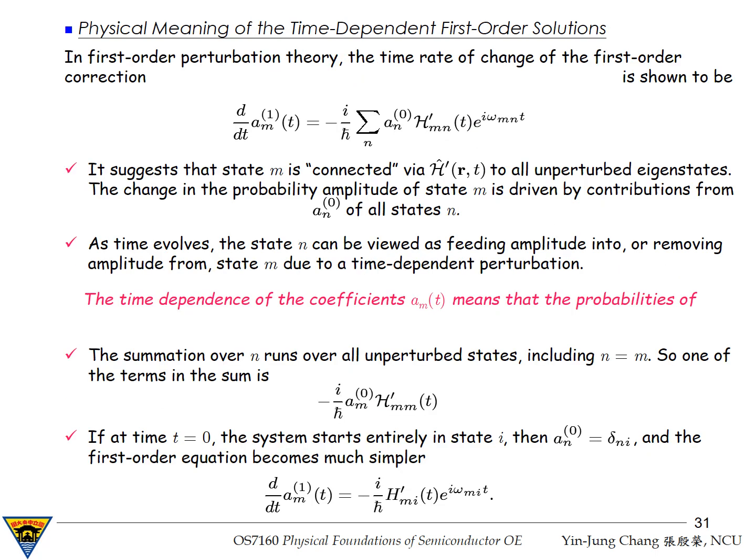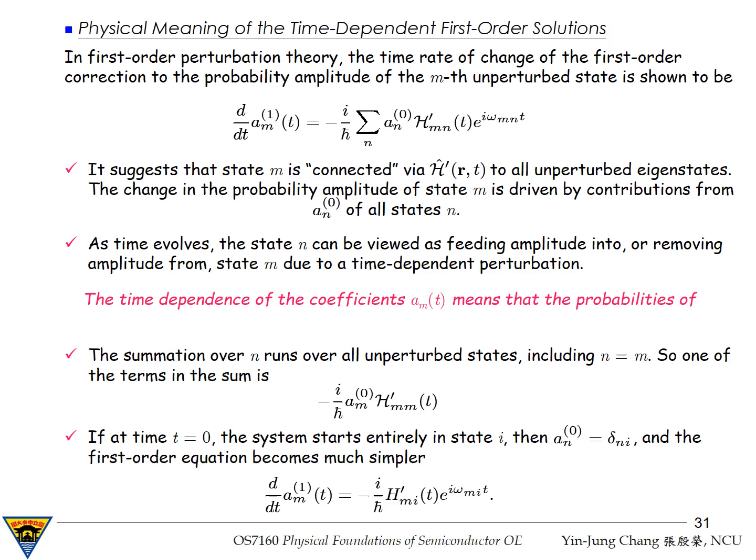Let's interpret the fundamental equation that we just obtained. In first-order time-dependent perturbation theory, the time rate of change of the first-order correction to the probability amplitude of the nth unperturbed state is given by this equation. It suggests that state m is connected via a perturbing Hamiltonian to all unperturbed eigenstates.